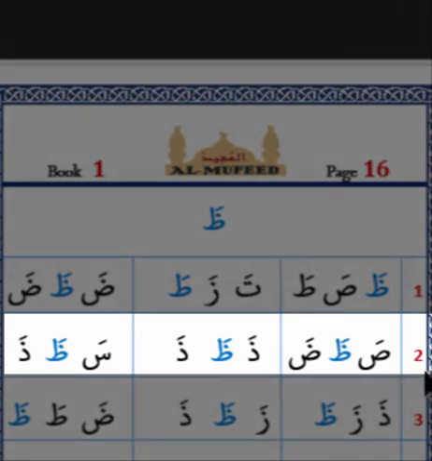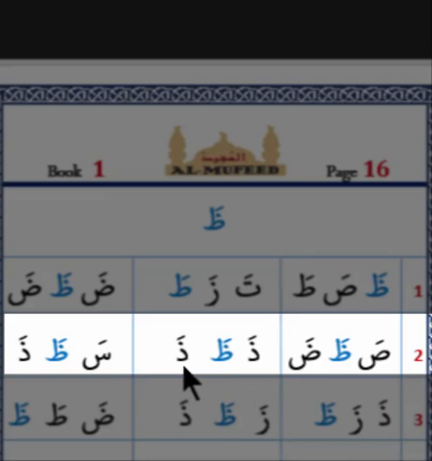Second line: sa, va, ba. Sa, va, ba. The, va, the.